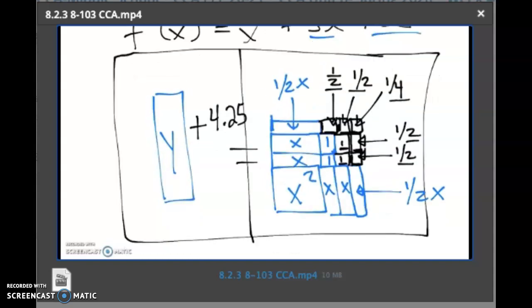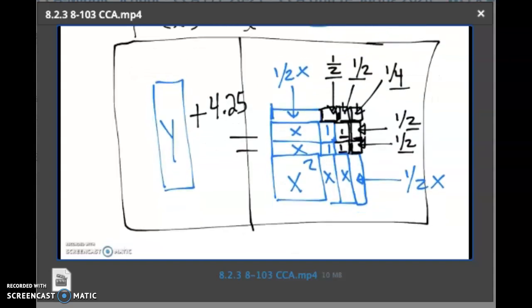So now if I look at the dimensions of my perfect square, this side length is an x, and then I have a 1, 2, and then remember this is a half, so plus 2.5. And it's a perfect square, so I should have the same thing here.